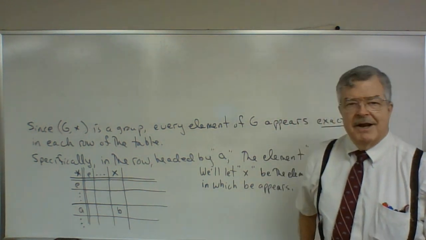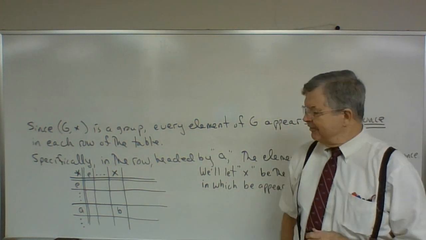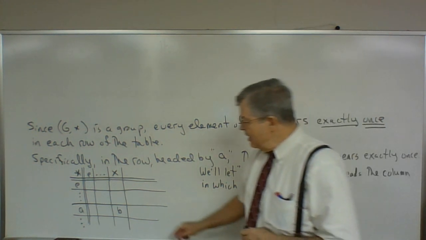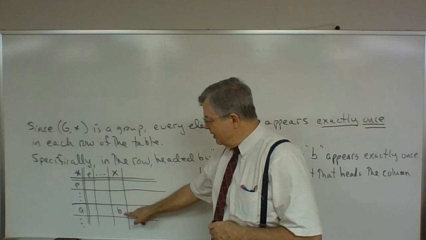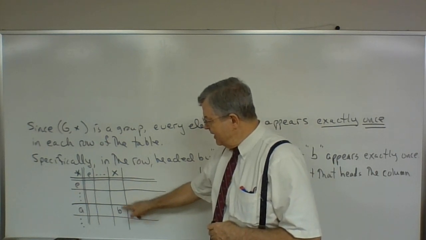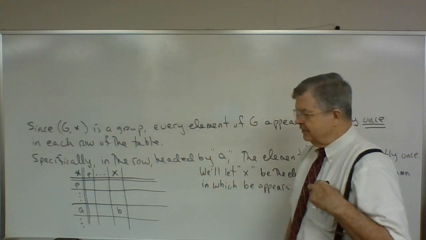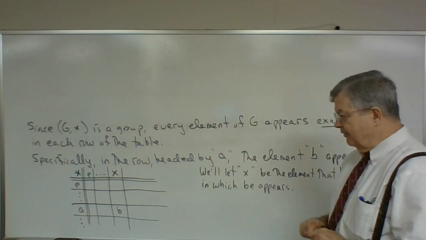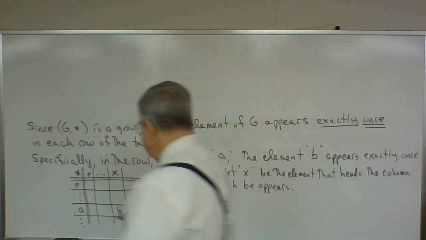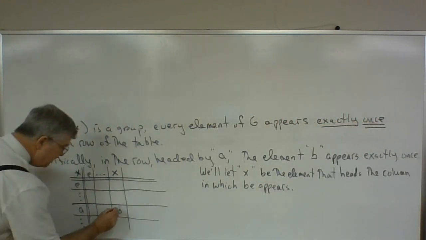Sorry about that. I just had to clear off some board space. Notice that B appears in the row headed by A, and in the column headed by X, our proposed solution. So what is this element B right here?